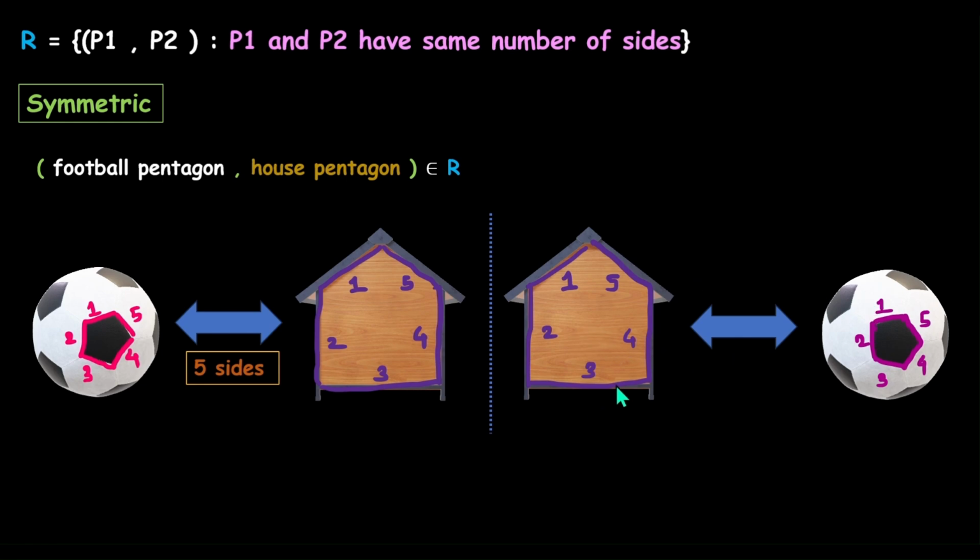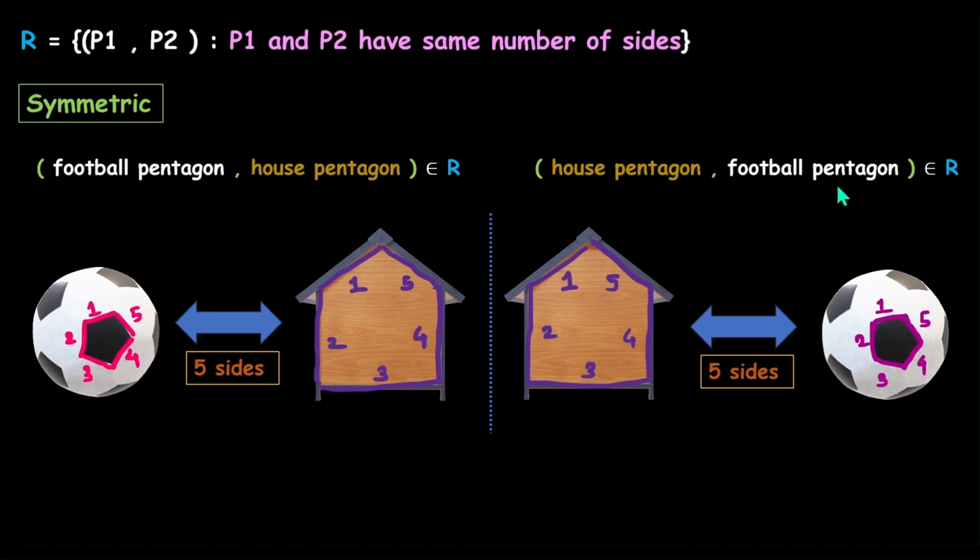So still the number of sides of this would be equal to the number of sides of this. When we were taking the football first and checking its relation with the back of the house, we said that the football pentagon and the house pentagon are related. But now that we've taken the house pentagon first, and we're checking whether they are related, which eventually comes out that they are related, then we will write it as house pentagon, comma, football pentagon belongs to the relation R.